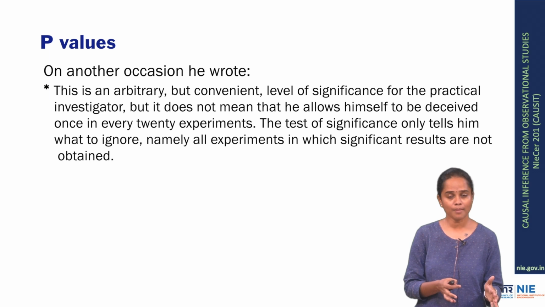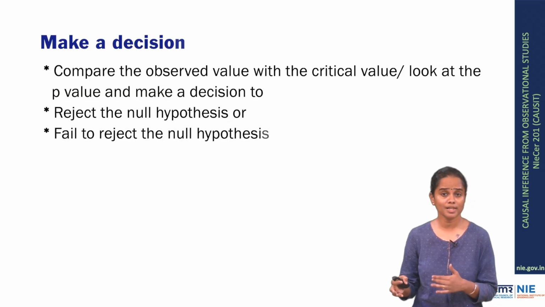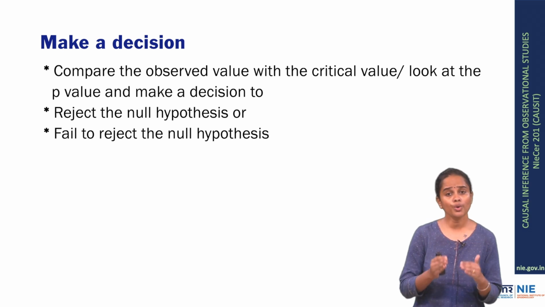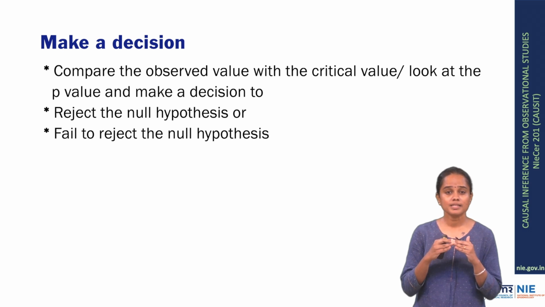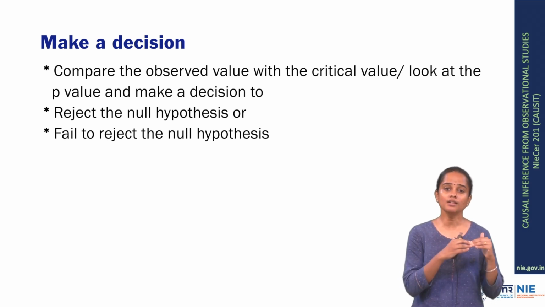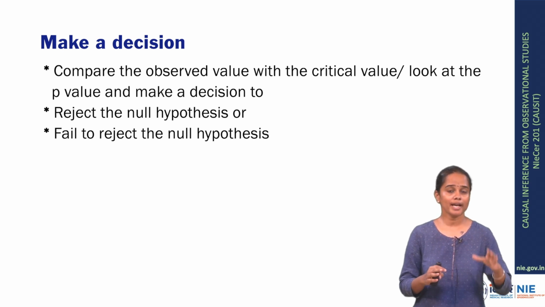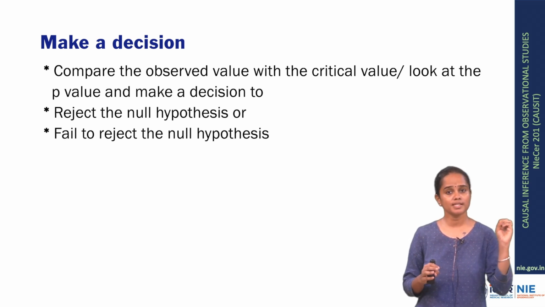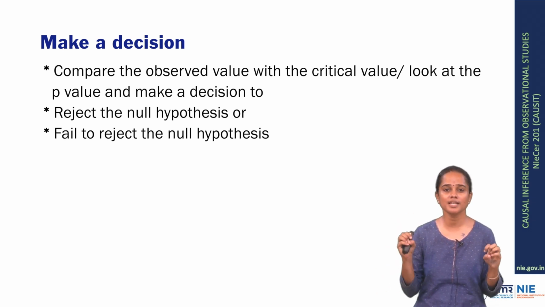So we've done the hypothesis testing and we've obtained a p-value. Now it's time to make a decision. So you have a p-value less than 0.05, let us say, and it is time to reject the null hypothesis. So in our example, let us say I calculated the mean duration of hospital stay in the PTCA group and the mean duration of hospital stay in the CABG group.